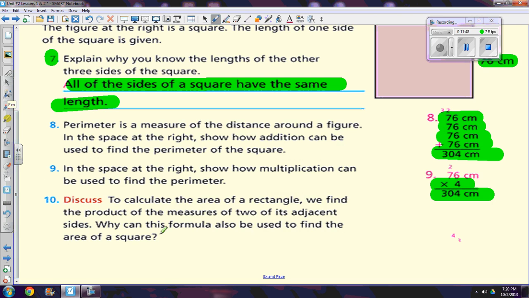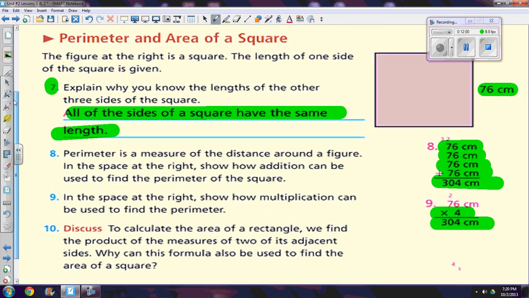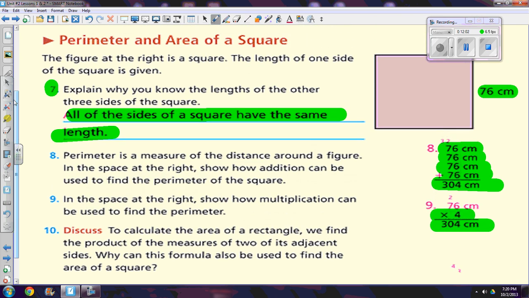To calculate the area of a rectangle, we find the product of the measures of two of its adjacent sides. Why can this formula also be used to find the area of a square? So again, it's saying, to find the area of a rectangle, you find the product of the measures of the two adjacent sides. So you have this side and that side, and you find the product of those two.